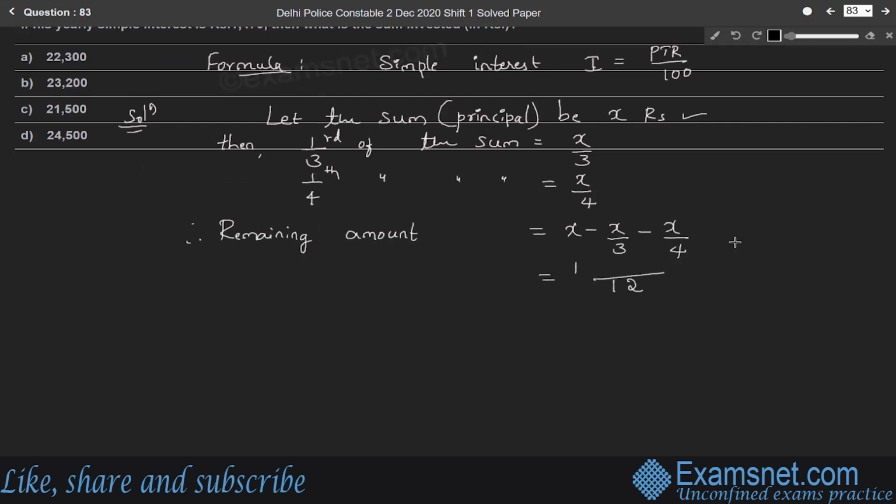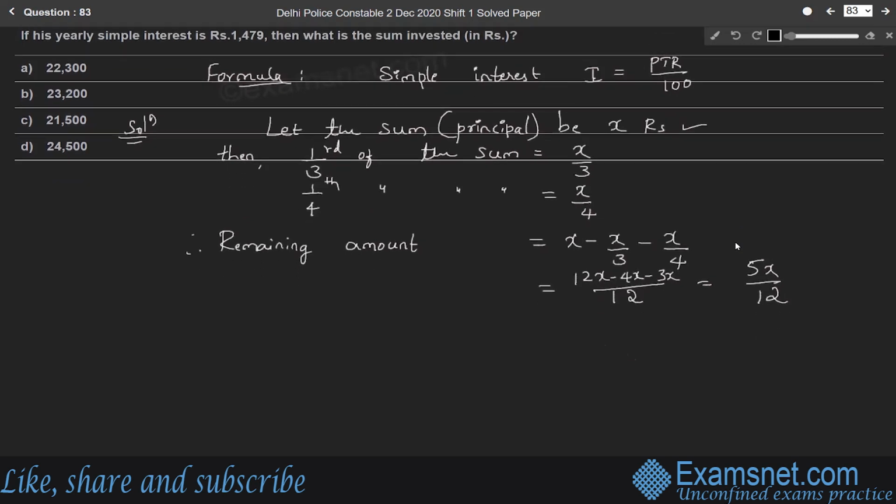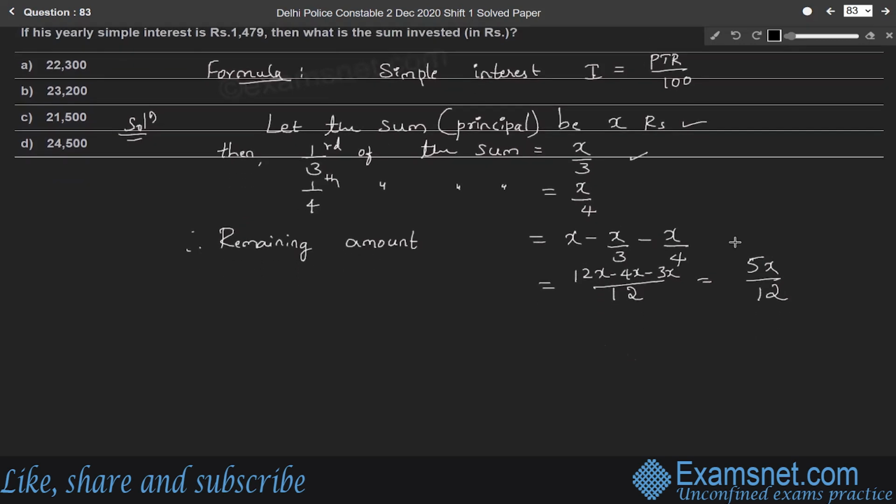So it becomes 12X minus 4X minus 3X, which is 5X by 12. So the remaining amount is 5X by 12. So we have to find the simple interest in 3 different cases. When the sum is X by 3, when the sum is X by 4, when the remaining amount is 5X by 12.